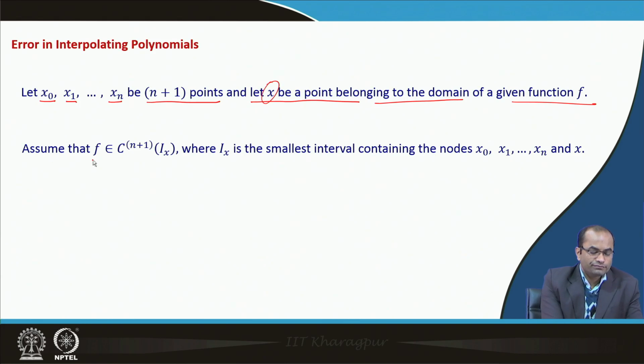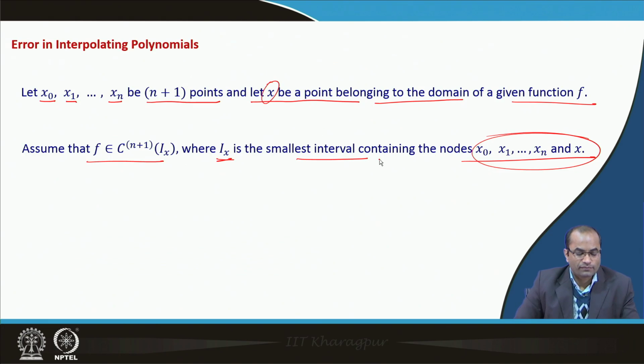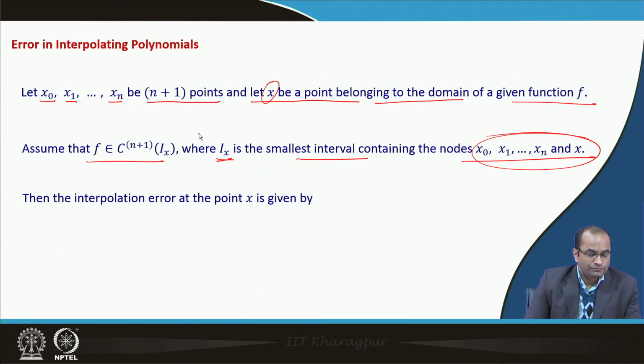And we assume that f is an (n+1)-times differentiable function, where I_x is the domain here, or the interval containing all these nodes. This is the smallest interval we can think of which contains all these points including x. So, I_x is basically the domain of this function f.